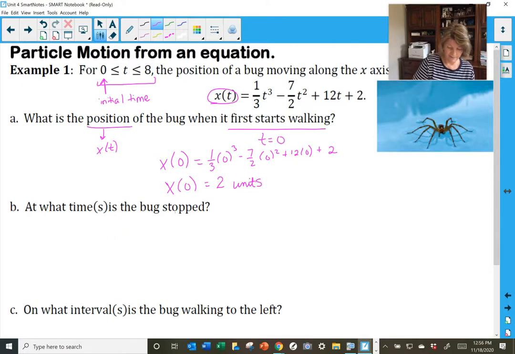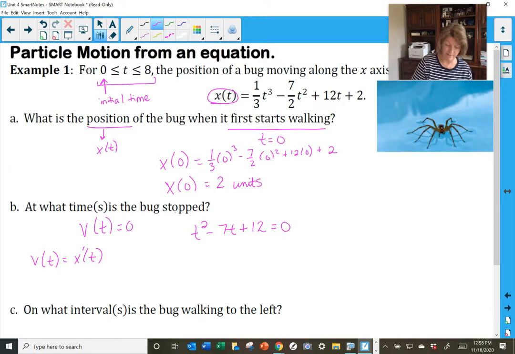All right, so I need to get to velocity. I need v of t equals 0. To get to v of t, I need to take the derivative of the position function. So this is going to look like what, 3 comes down. We're going to have t squared minus 7t plus 12 equals 0.